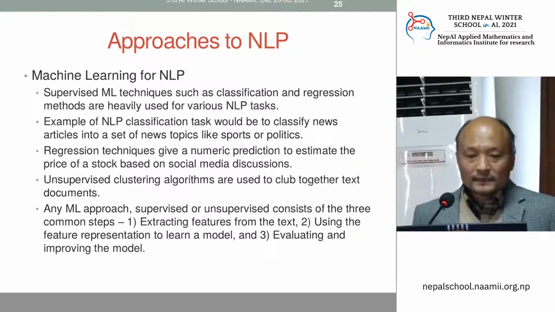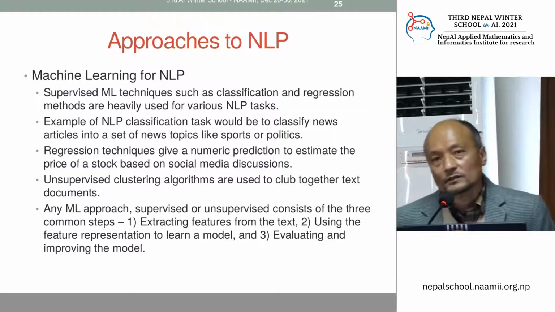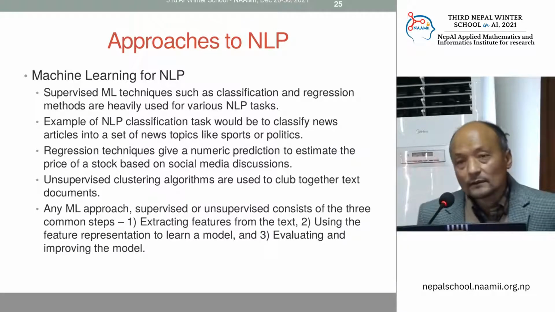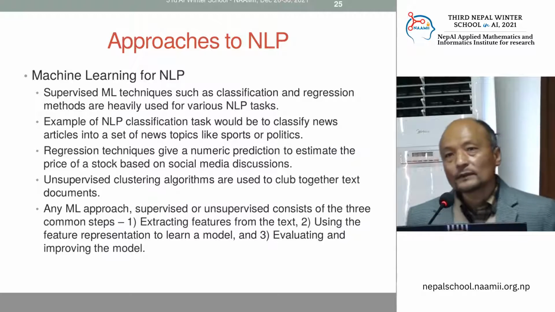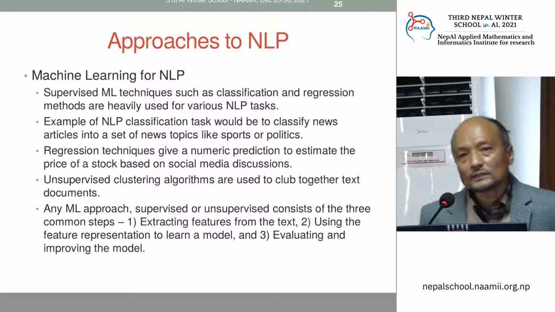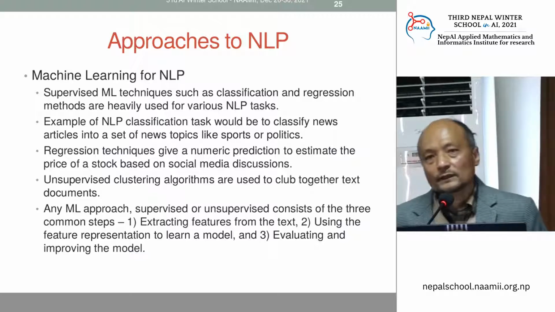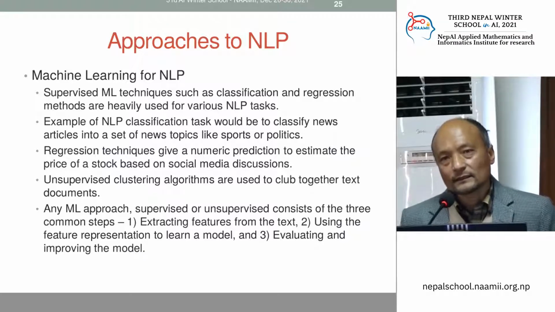But irrespective of any ML approach, whether supervised or unsupervised, it consists of three common steps. You extract the features from the text. Features meaning attributes. What are some of the attributes that would be helpful to classify the text?